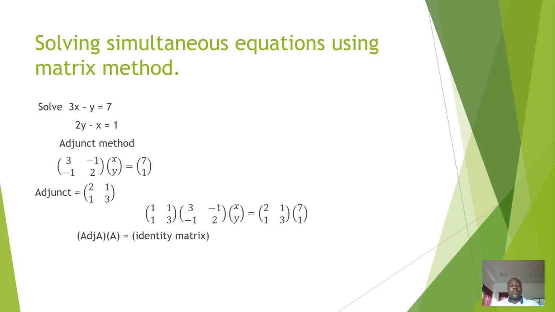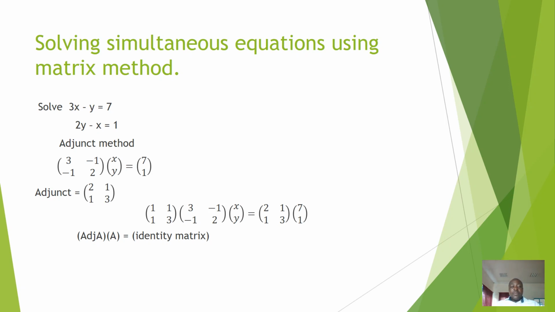Since we are interested in using the adjunct method, we come and find the adjunct of the matrix formed. So the adjunct will be, we interchange elements in the leading diagonal, giving us 2, 3, and change the signs of the minor diagonal, which is 1, 1.